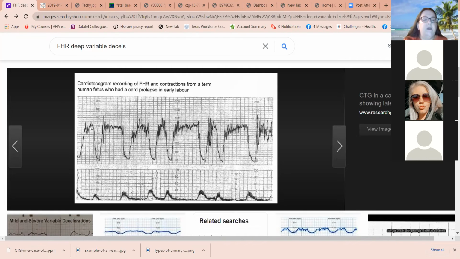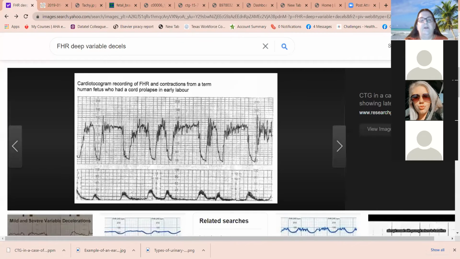Now, can you see where the fetal heart rate baseline is? This line right here is 140. So the fetal heart rate baseline is about 140.